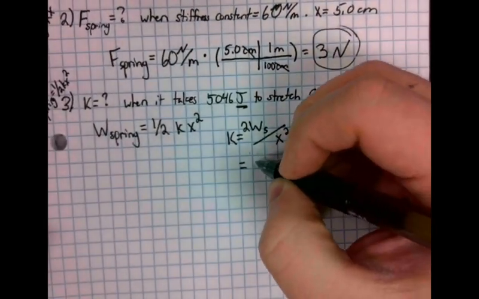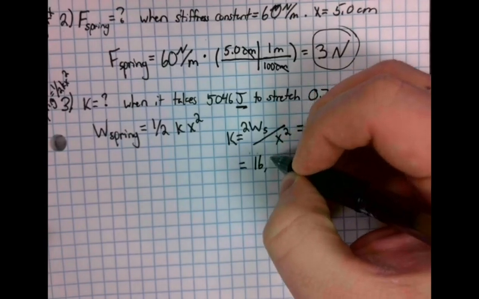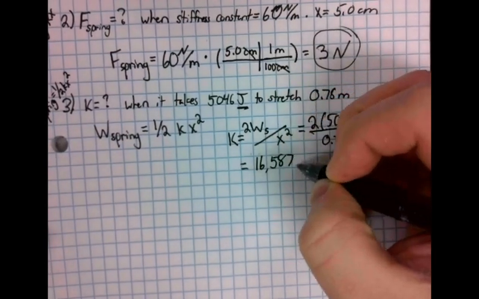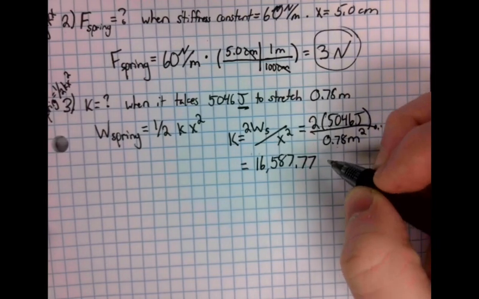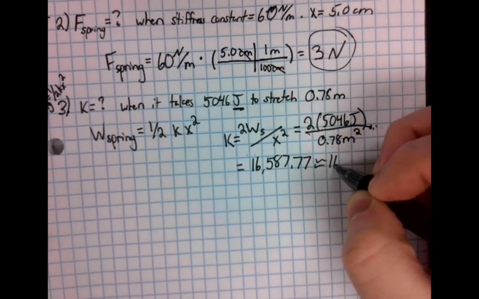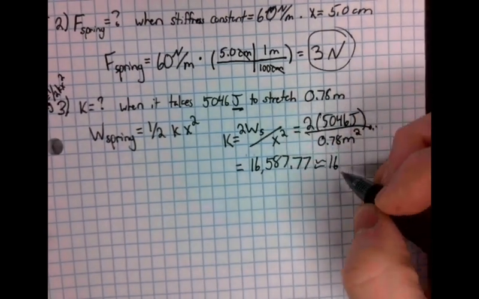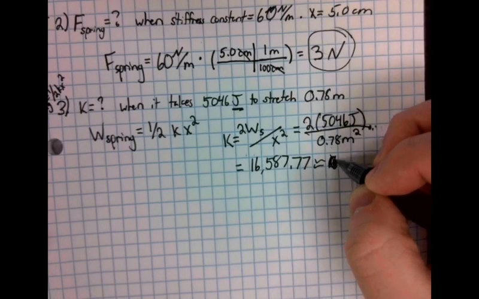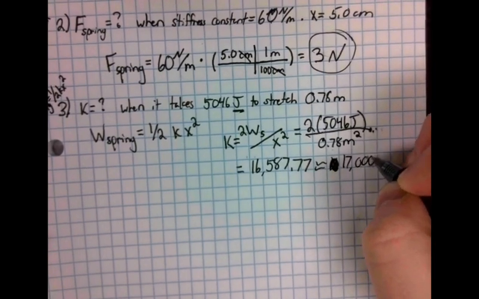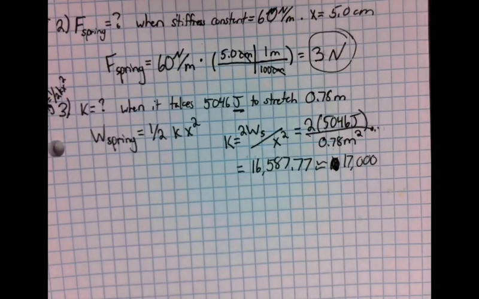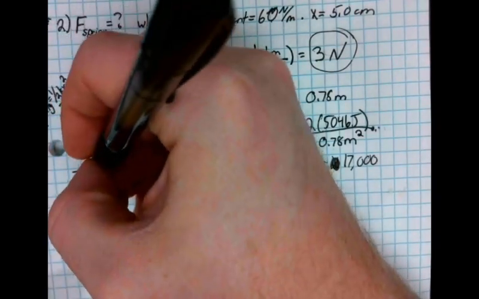So we get 16,587.77, and I think we got 2 sig figs there, so we'll call that 17,000.